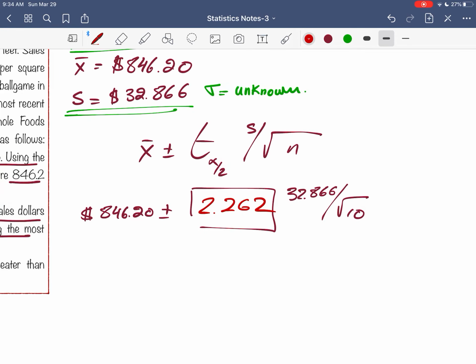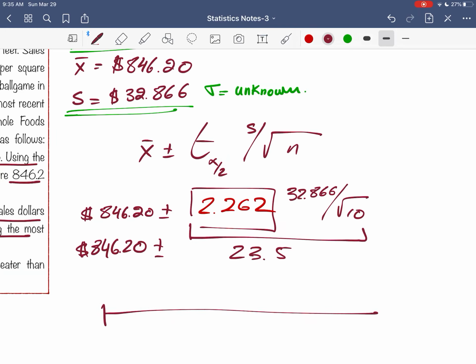So that's my setup. And I calculated the margin of error, essentially all of this guy, to be 23.5, just rounded to 2 decimal places at this point.